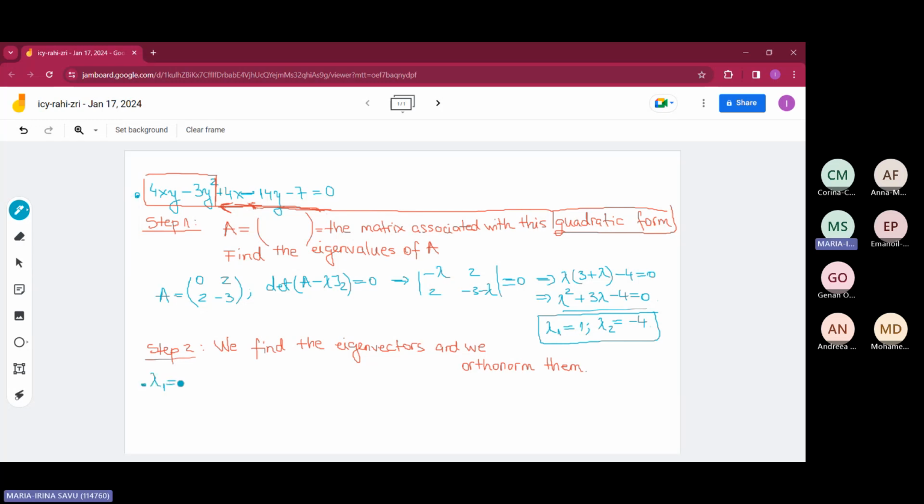For lambda 1 equals 1, we have to solve A minus lambda 1 times I2 times V equals 0, 0.